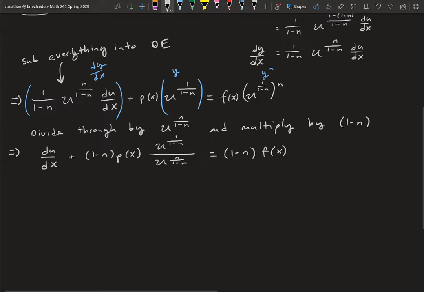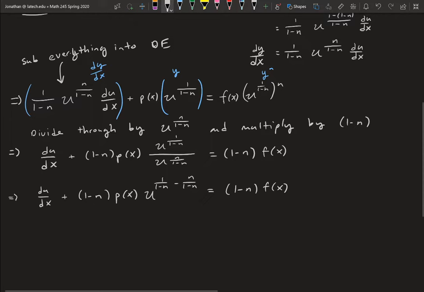And this stays the same. So this is going to be du dx plus 1 minus n p of x, and then u to the 1 over 1 minus n over 1 minus n equals 1 minus n f of x. And this right here is just going to be 1.